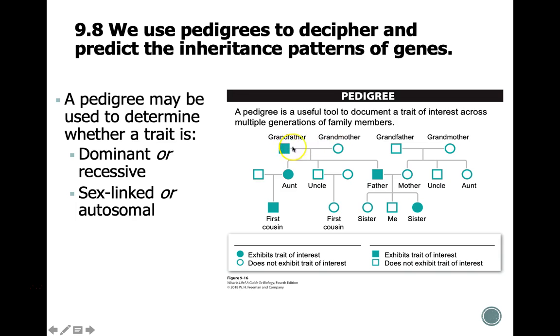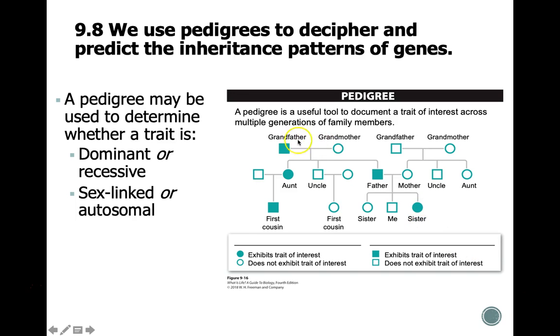It indicates that there was a union there and they had some children. So the line coming down is the children. The children are listed in birth order. So aunt here was the oldest, uncle was the second, and then this guy labeled father was the third. The same thing over here: sister, oldest, me, apparently, middle, and then sister, youngest.